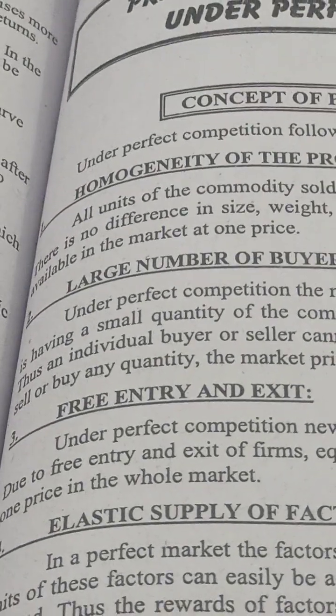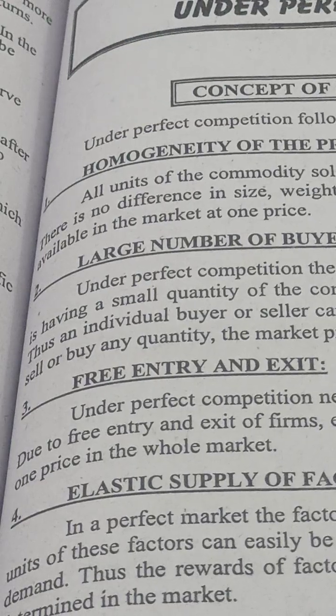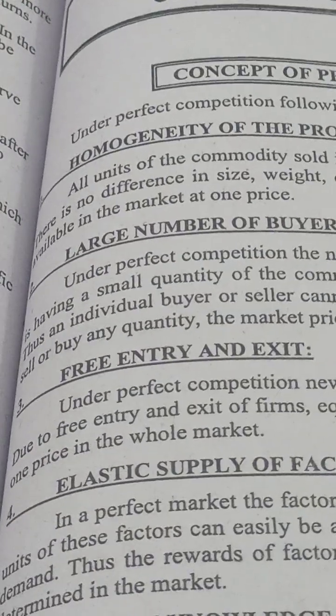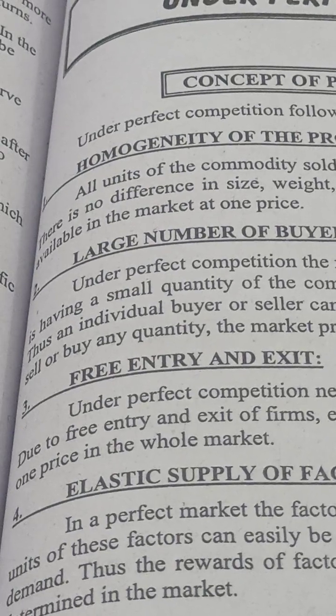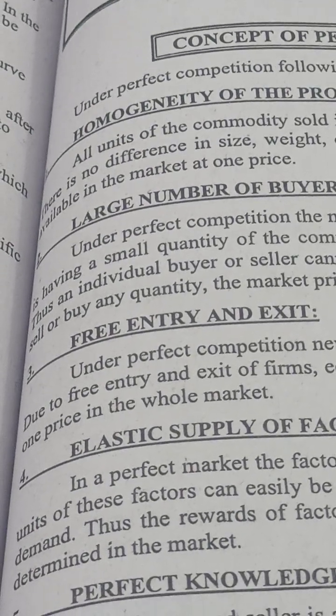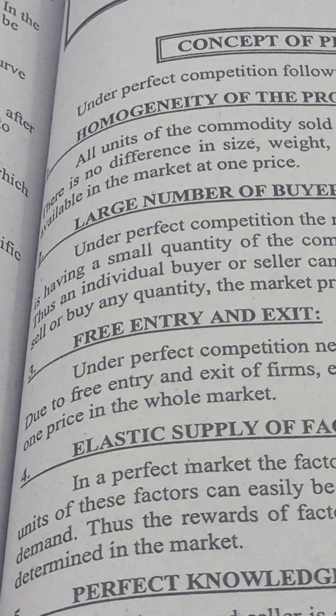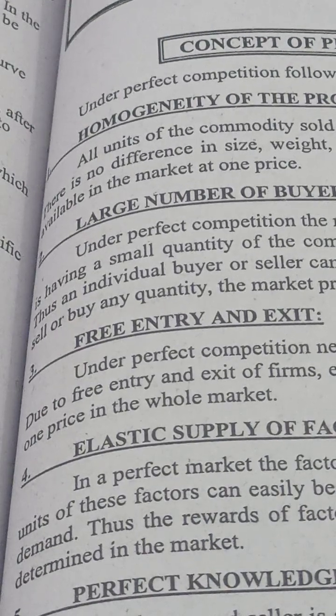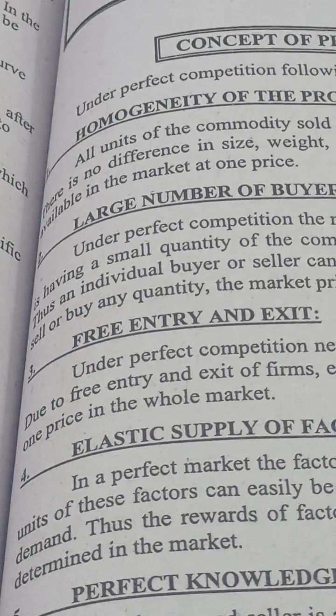Third, free entry and exit of firms. A firm may or may not produce, or a consumer may or may not consume or demand a thing. It means a single consumer or producer cannot affect demand or supply.